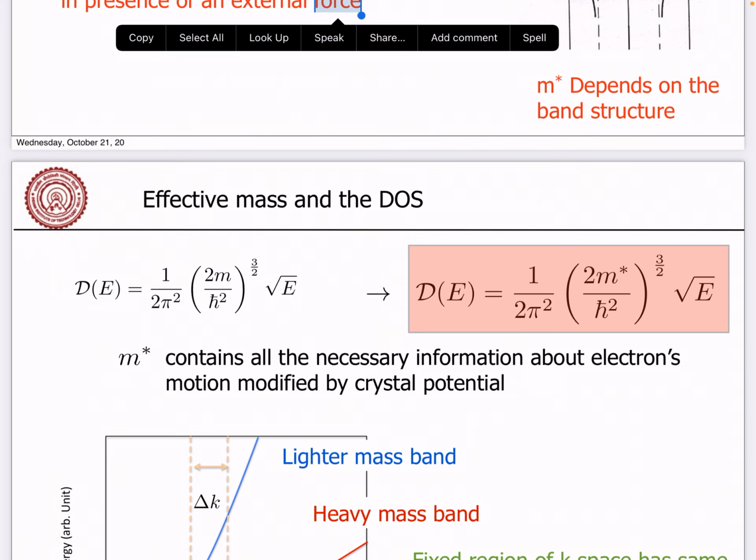Then one has the effective mass of the electrons, which we have defined just now. So to take account of the band structure on the density of states, in place of the free electron mass, we introduce the effective mass m star.